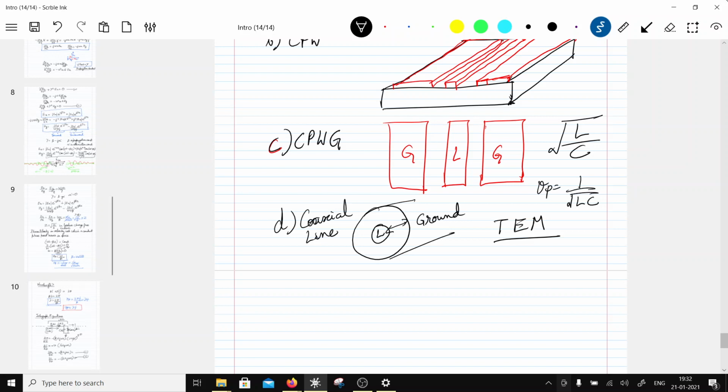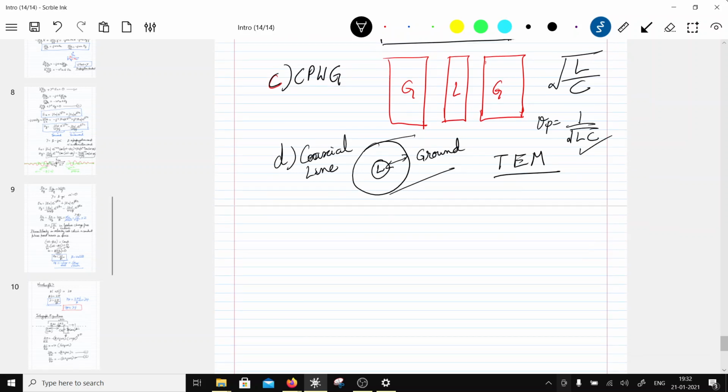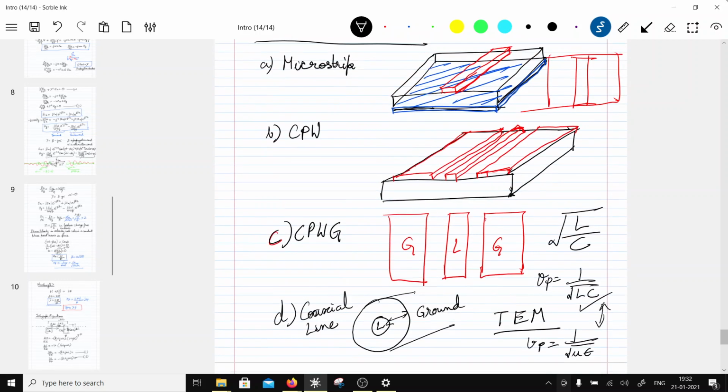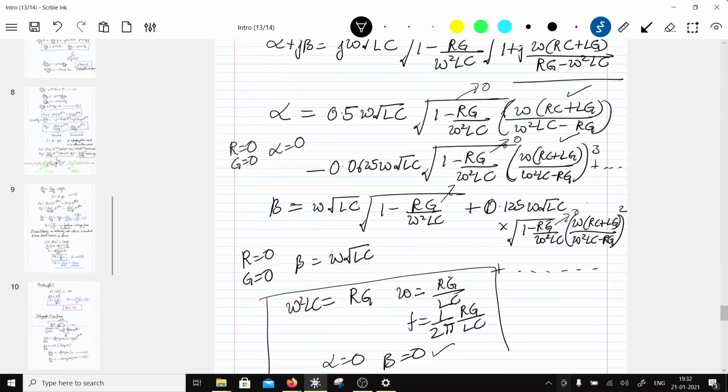Vp is equal to omega by beta, and beta is omega root of LC. So omega cancels out, then you have only 1 over root of LC. So this is the speed. In the case of a free space wave, Vp was equal to 1 over root of mu epsilon, right? So they are similar in nature. That's why I discussed telegraph equations here, right?